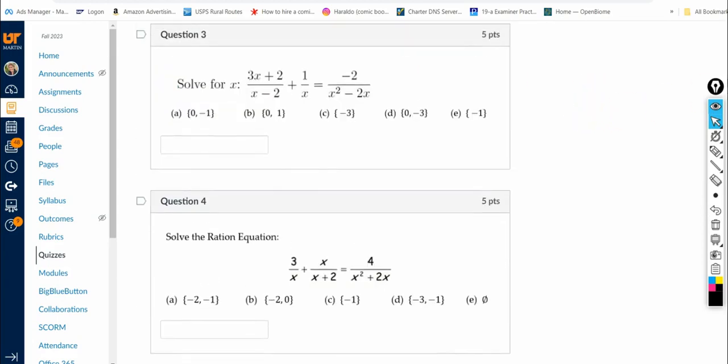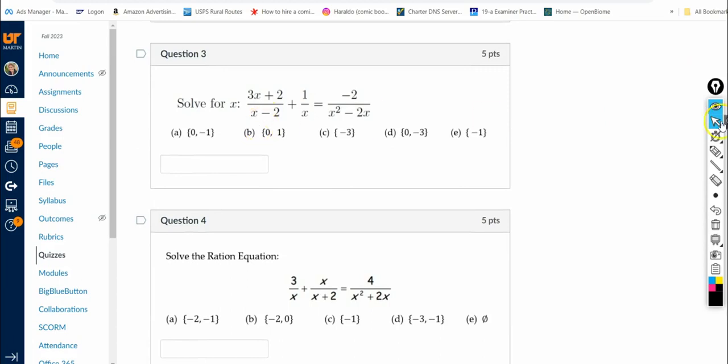All right, let's go to question 3. Let's solve for x. Well, what I can see here is x squared minus 2x is the same as that. So let's multiply every term by x times x minus 2.